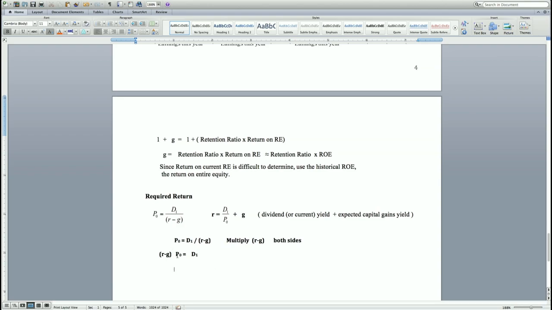That means distribute P0 times R. So R times P0, and minus G times P0.